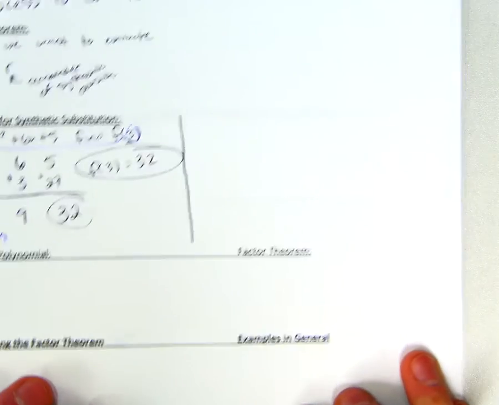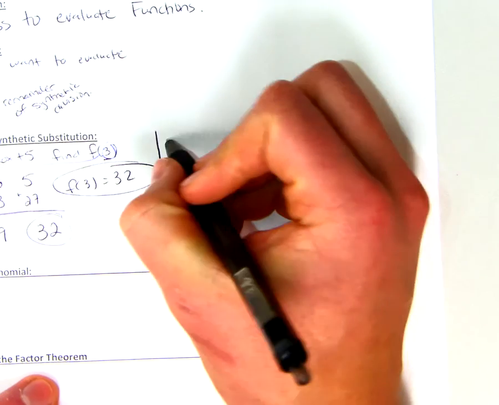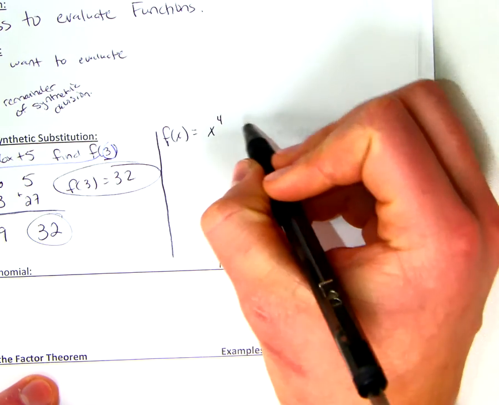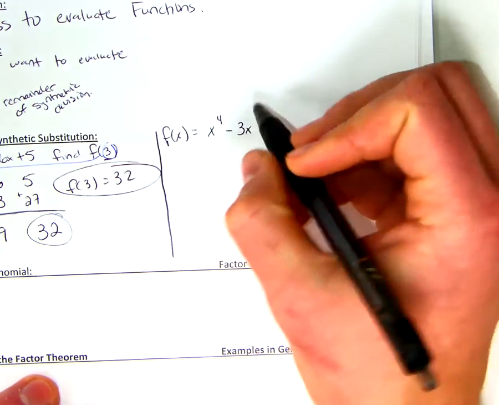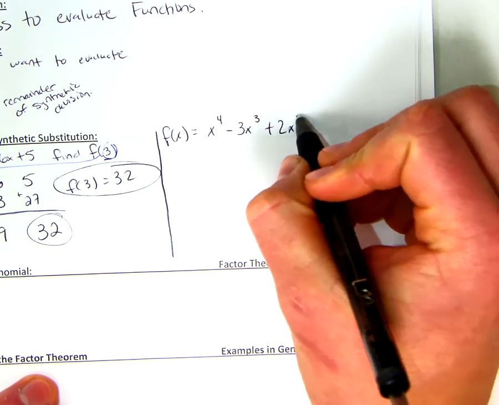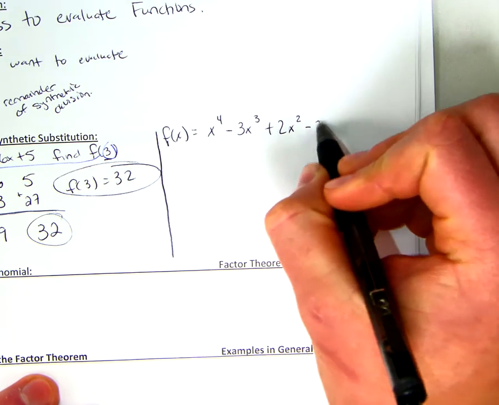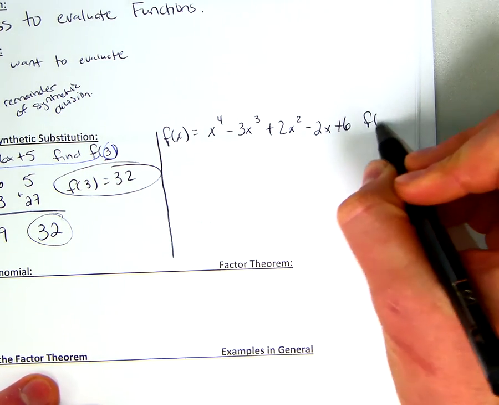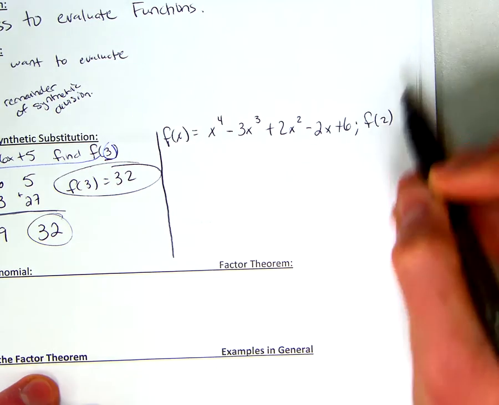All right, so I'm going to bring it over here now. We have f of x equals x to the 4th minus 3x to the 3rd plus 2x squared minus 2x plus 6. And we're going to evaluate this for f of 2.